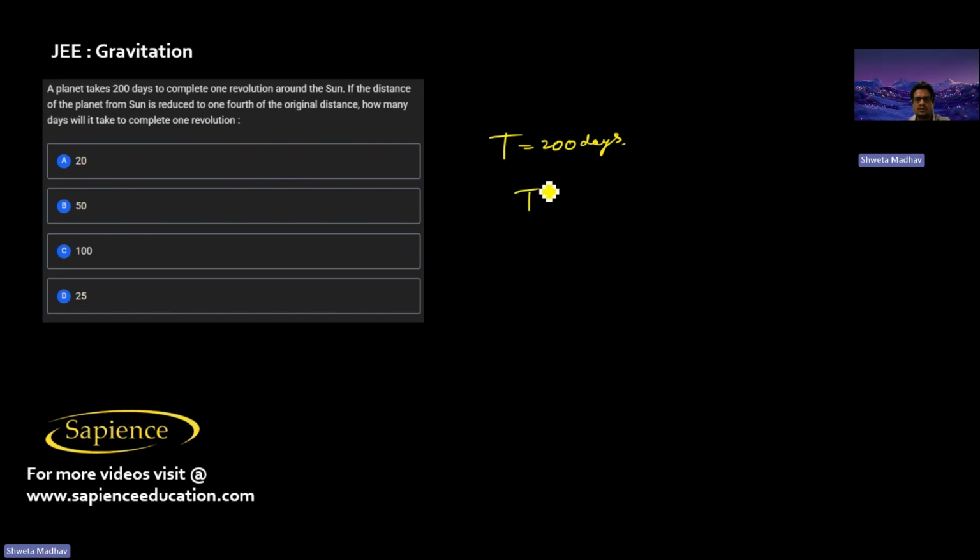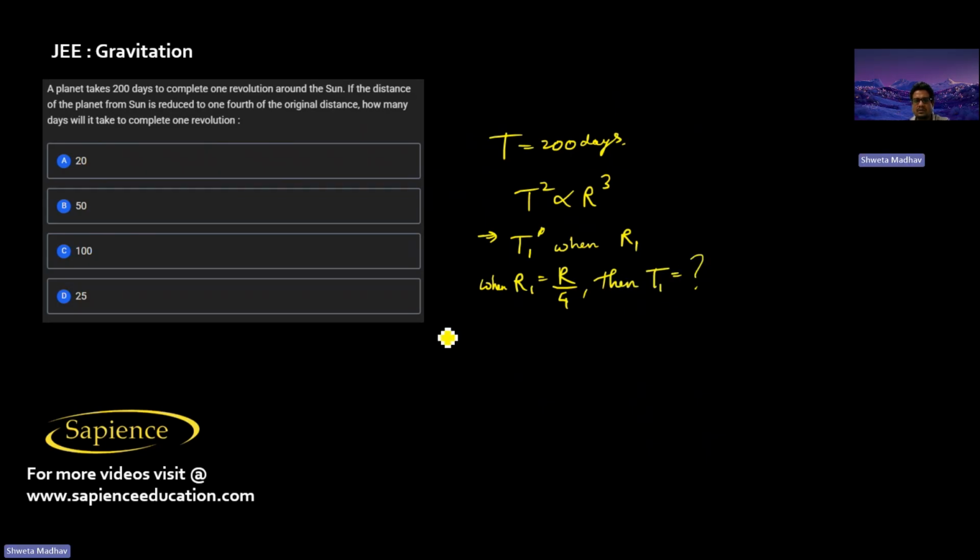So now, T square is proportional to r cube, so the time period will change. T1 is the time period when the orbital radius is r1. The distance is reduced to 1/4 of the original distance, so when r1 is r by 4, the new time period of revolution will be how much?